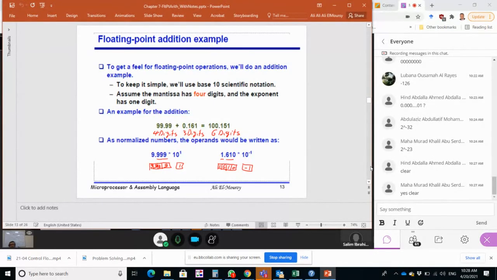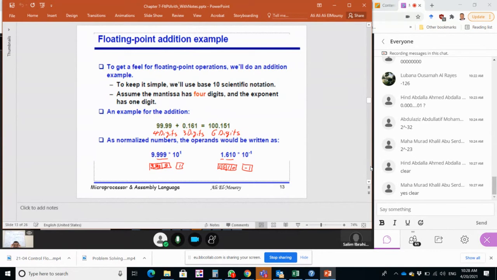Right. The challenge that we wanted to discuss next is the challenge of the mathematics. Performing addition and subtraction for floating point is different from the addition and subtraction that we learned in regular binary, because right now the numbers are represented in the computer system in floating point.